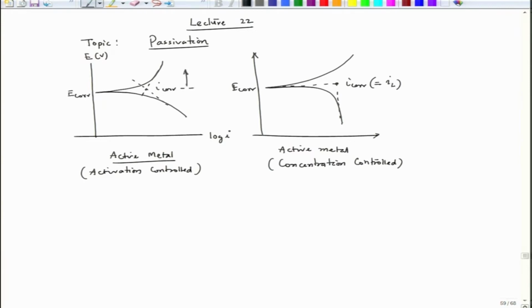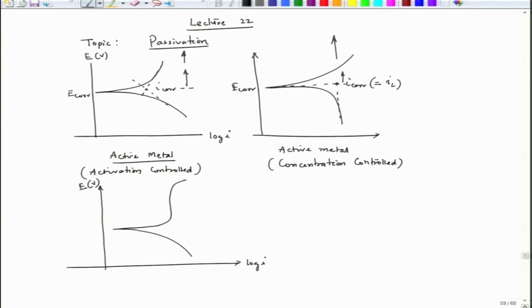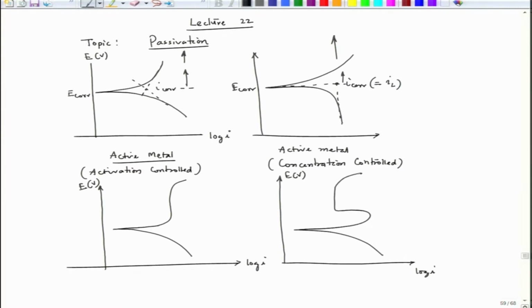But in certain metals, if we extend the positive part, if I extend this segment further, some interesting patterns are noticed. So, one pattern could be like this, on log I versus E in volts, another pattern could be like this, and another pattern could be like this.